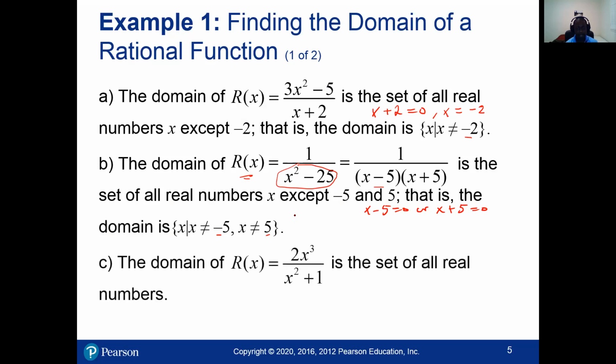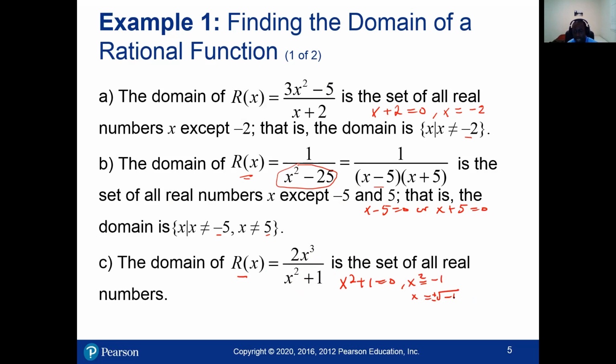Okay, and here is a third example. So we have r of x is equal to 2x cubed divided by x squared plus 1. Now, as you can see, if you set x squared plus 1 to 0, you have x squared is equal to negative 1, and x is equal to plus or minus the square root of negative 1, okay?